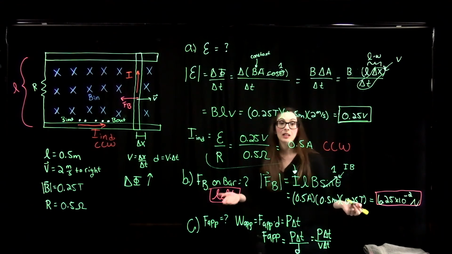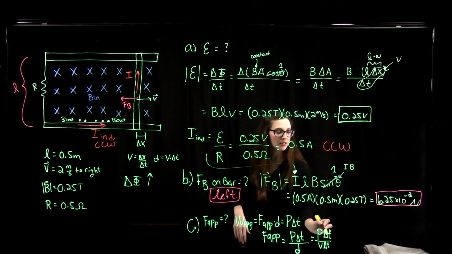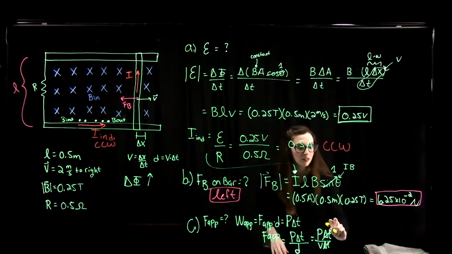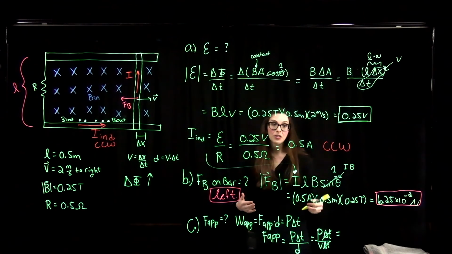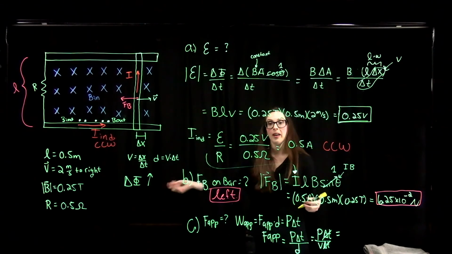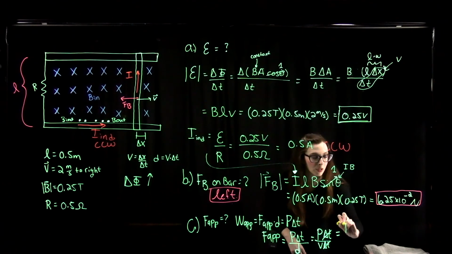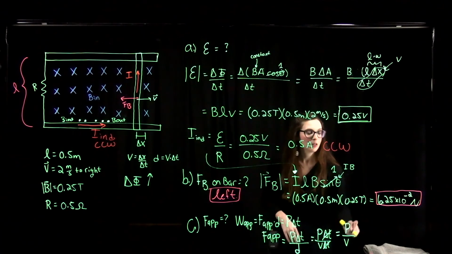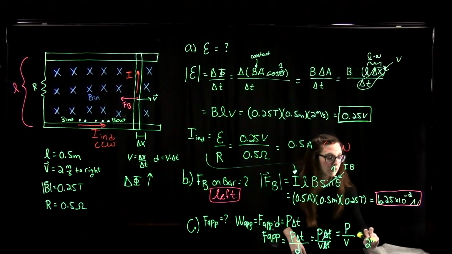So x is equal to v times t. So these delta t's cancel here. So the force I have to apply to move this rod at 2 meters per second is going to be the power over the speed. So our speed was our 2 meters per second.